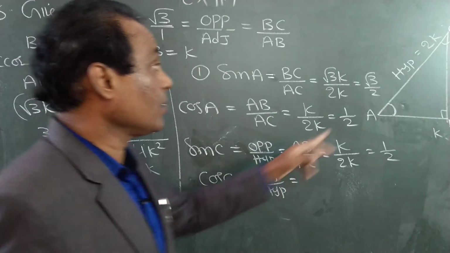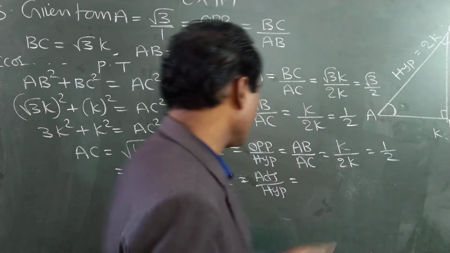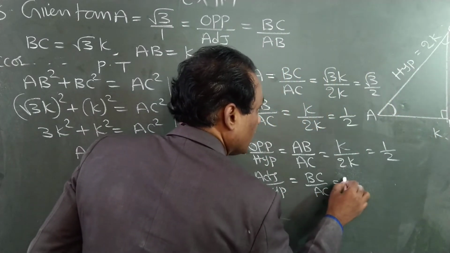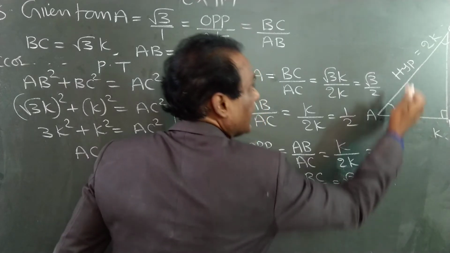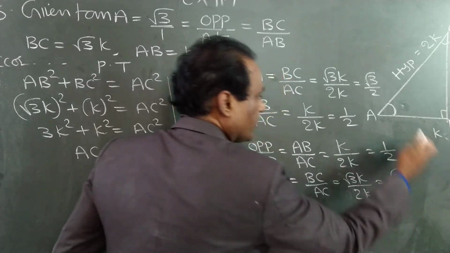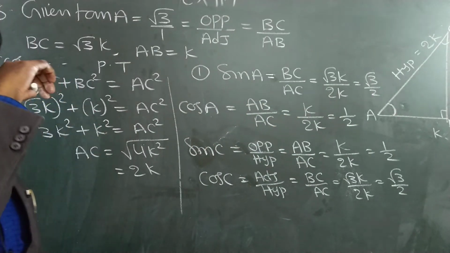When we are discussing this angle, this will become opposite, this will become adjacent. So adjacent is BC by AC. BC is root 3K by AC is 2K, K K cancel, root 3 by 2. So we got all the values; substitute in the required question and we will get the answer.